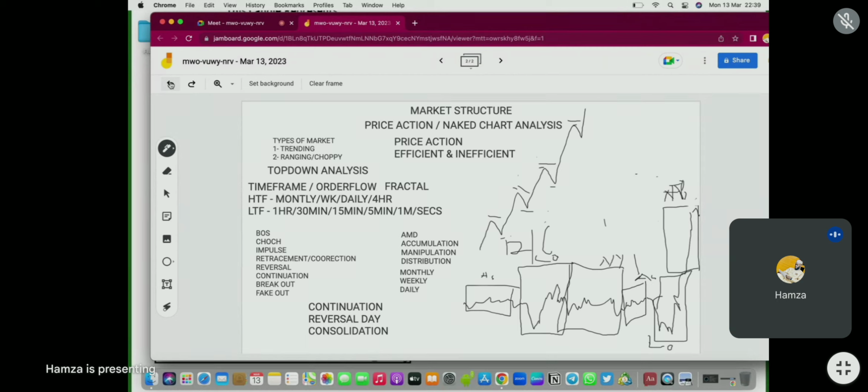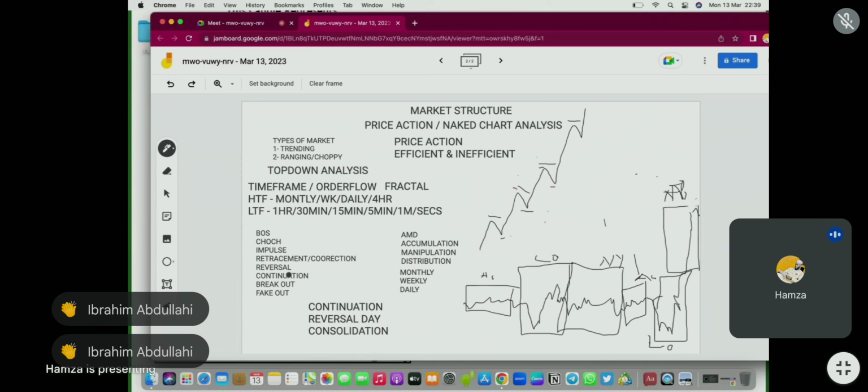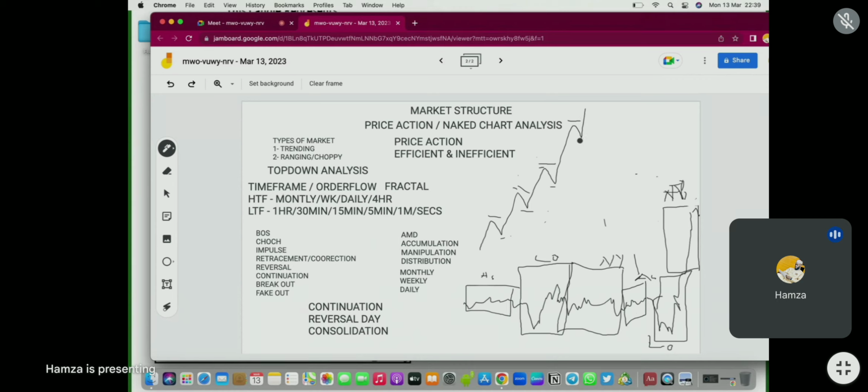Now, where CHoCH and reversal comes in is this here is a structural low. So when this low gets broken, we now have a CHoCH, change of character, because this is now broken to then signal what?